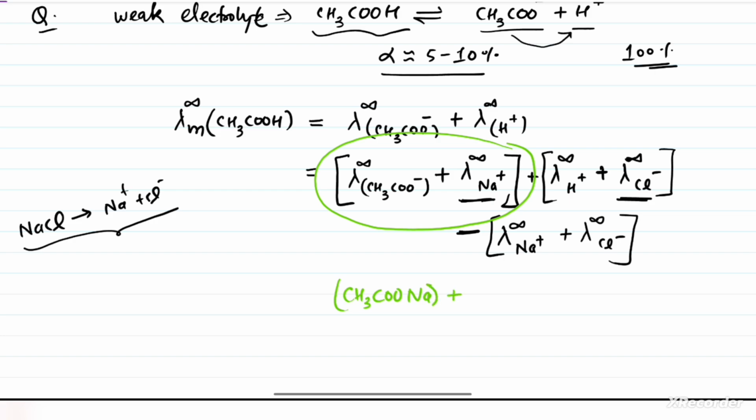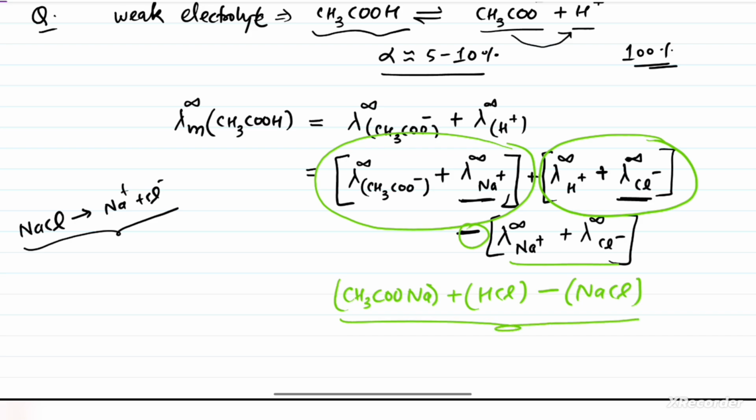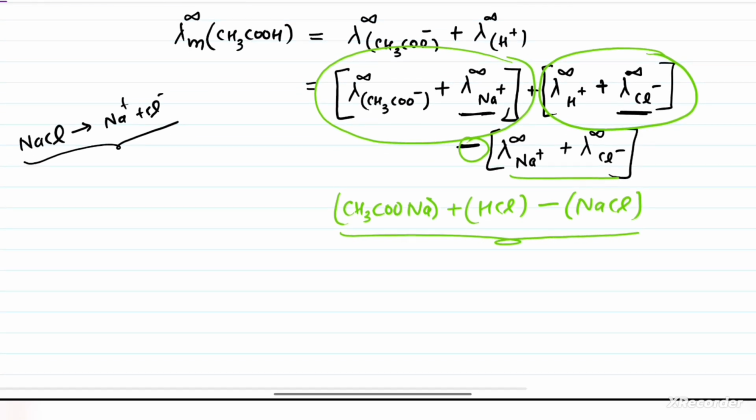Again these two form HCl, which is also a strong electrolyte, and then we are subtracting NaCl, which is also a strong electrolyte. So this is the application of Kohlrausch law. That means using strong electrolytes we can calculate the λm∞ of the weak one. Fine. So there are several questions in NCERT also, which we can take.